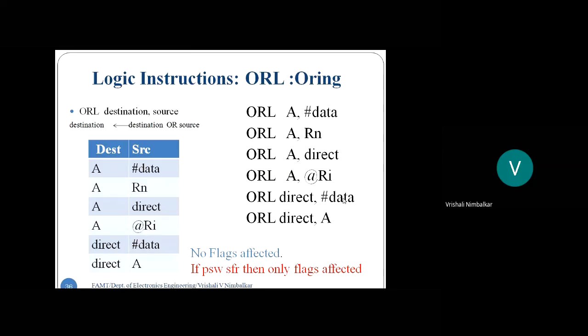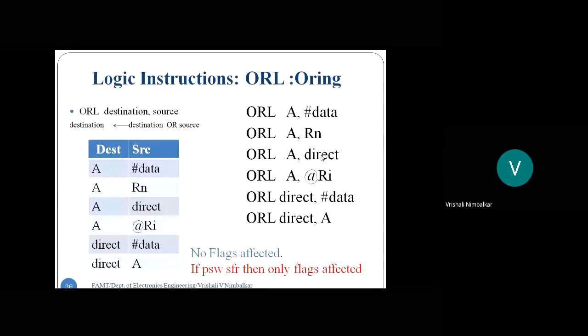The data in the instruction is ORed with the data from this memory address and stored back in the same memory address mentioned in the instruction. And ORL direct, A. No flags are affected. And only if the direct address is of the PSW register will the flags be affected.